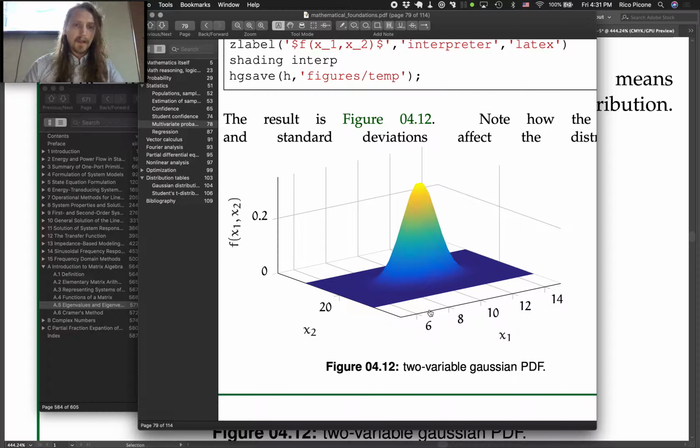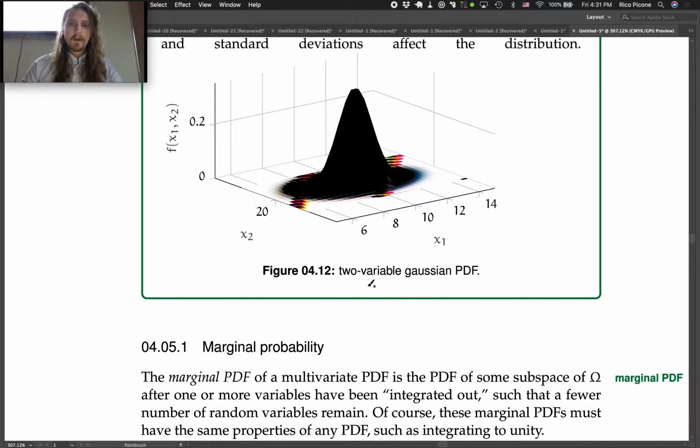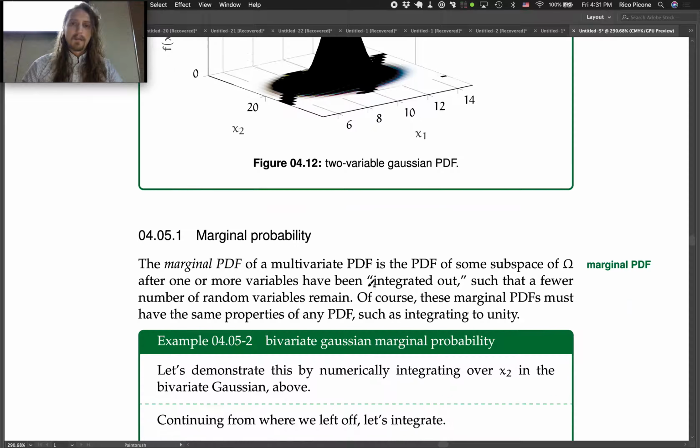You can see that if you were to integrate over some region of this, you would get the probability of the variables both being in that region. Okay, so that's our two-variable Gaussian PDF.